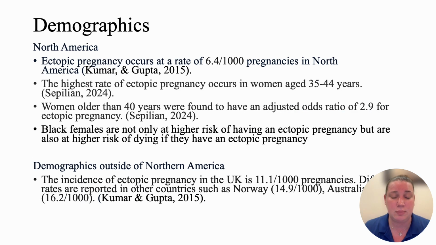Now, ectopic pregnancies are rare. However, in North America, for every 1,000 pregnancies, 6.4 people are diagnosed. The highest age range is 35 to 44.